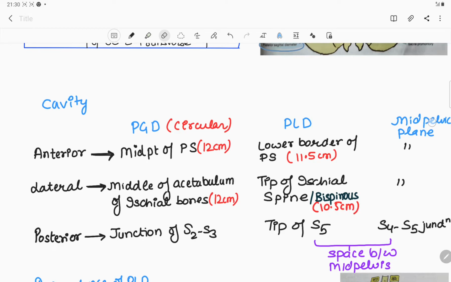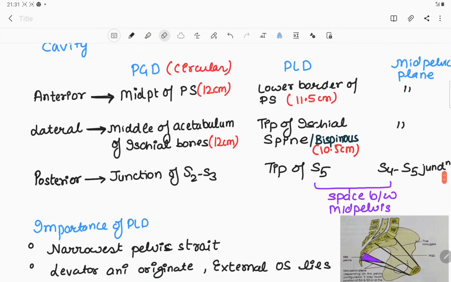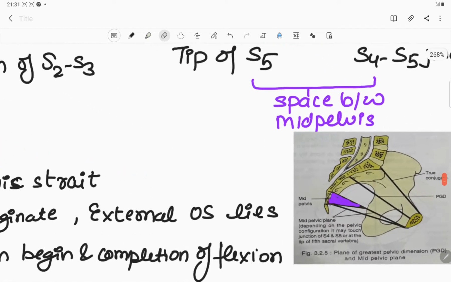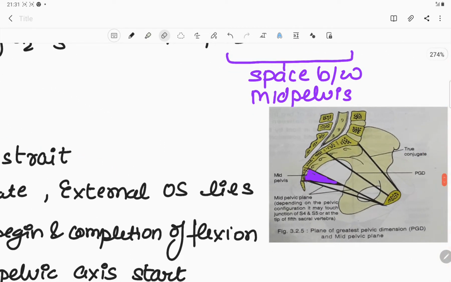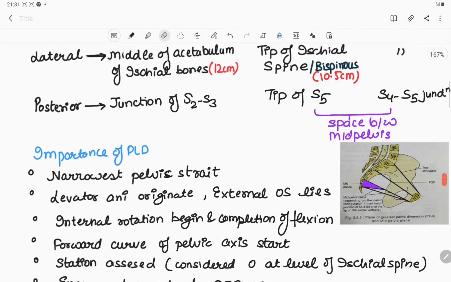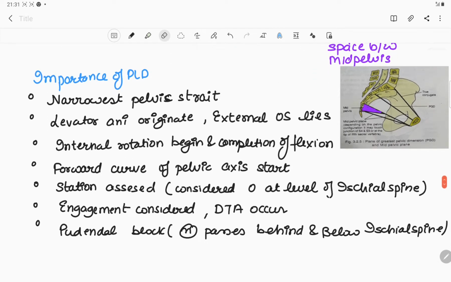Then what is the mid-pelvic plane? It is the same as the plane of least pelvic dimension, except posteriorly it is bounded by the S4-S5 junction instead of the tip of S5. Therefore the space between the plane of least pelvic dimension and the mid-pelvic plane is called the mid-pelvis. Then what is the importance of the plane of least pelvic dimension? It is the narrowest pelvic strait.